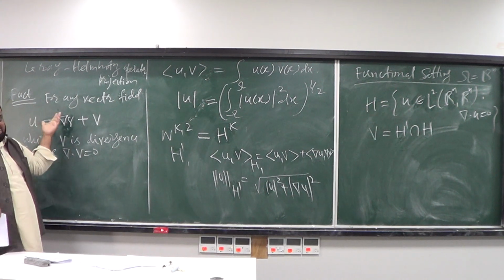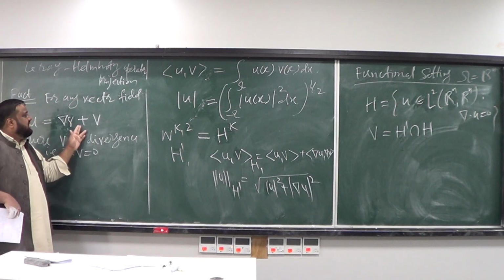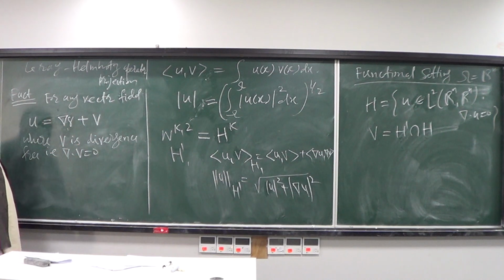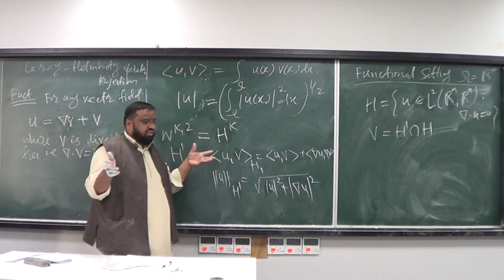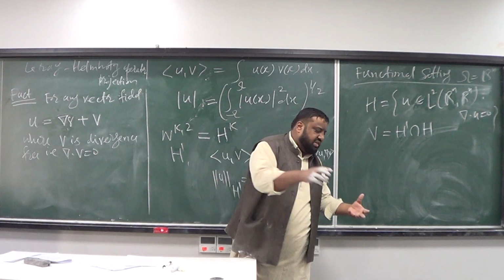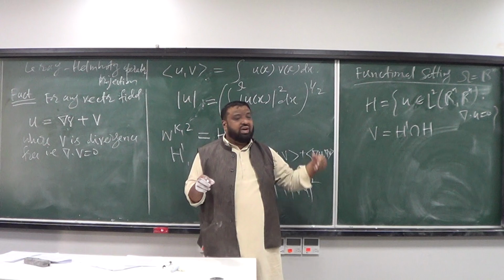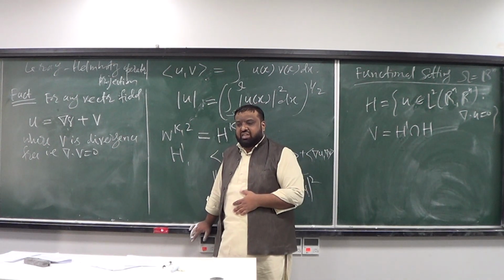plus a divergence free vector field. There's an explanation behind what kind of scalar field this is going to be. So in other words, if you take a space of vector fields, you can project it onto a subspace. For example, you take the vector fields that are square integrable.